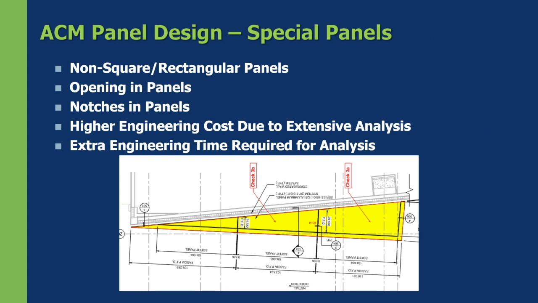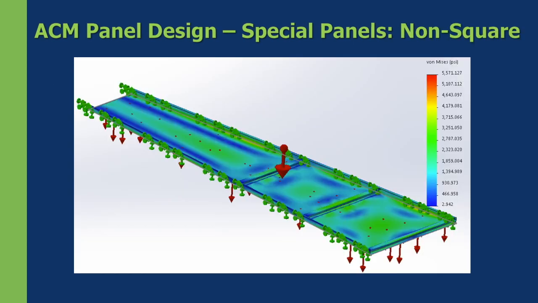So there are specialty panels, panels that are not rectangular, that we see from time to time. These also might have openings or notches or something else. And these can cost a lot more because they create a more extensive analysis, and they take more time to look at. To give you an example, here's a standard non-rectangular panel.